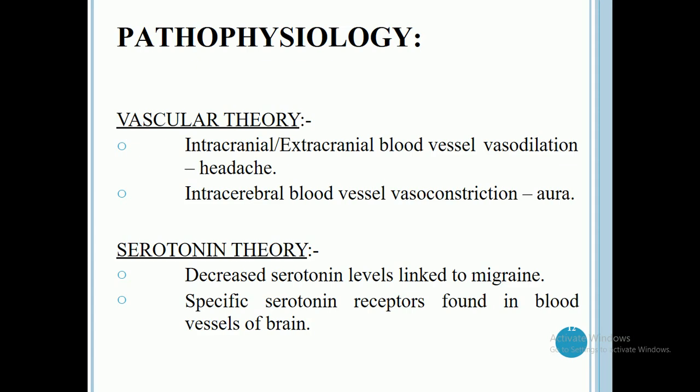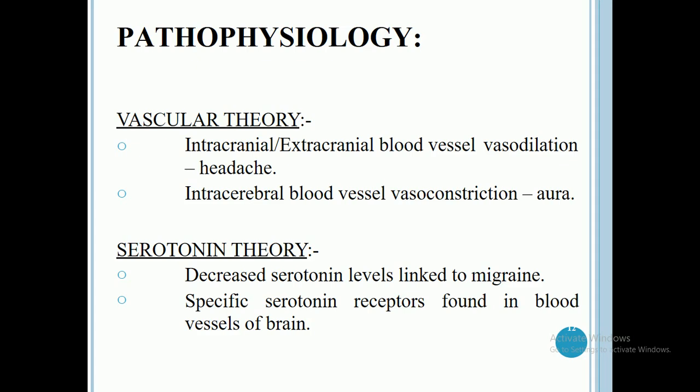In the vascular theory, they have explained that intracranial and extracranial blood vessel vasodilatation can occur, which may produce headaches when the intracranial or extracranial blood vessels become dilated, especially the pressure produced inside your cranium. So when the blood vessels become dilated, there may be chances of headache, and intracerebral blood vessel constriction occurs, especially in the aura.